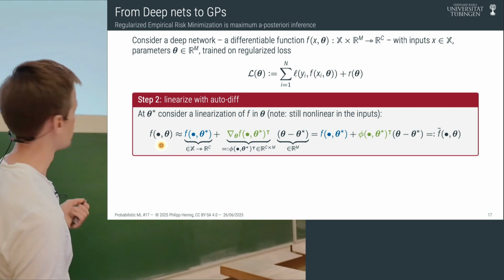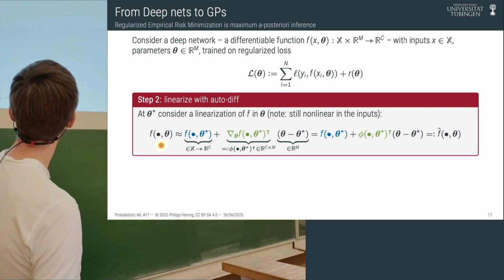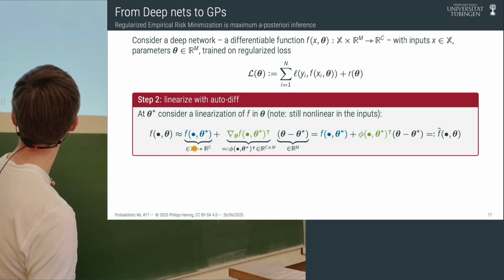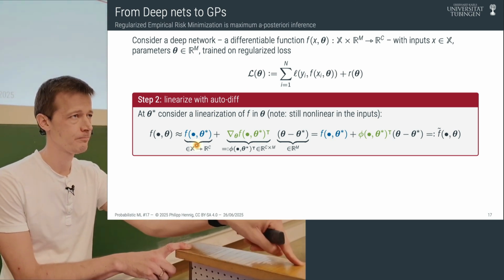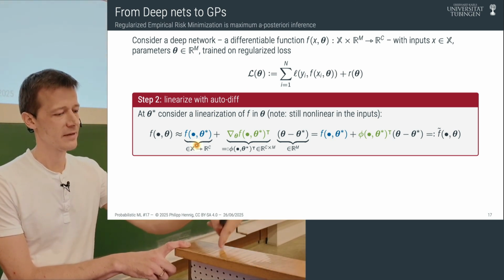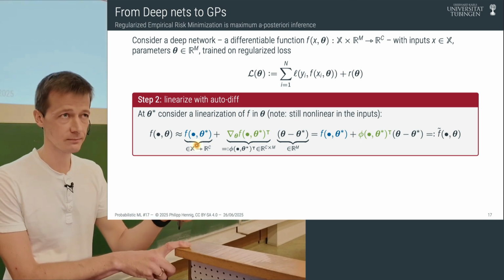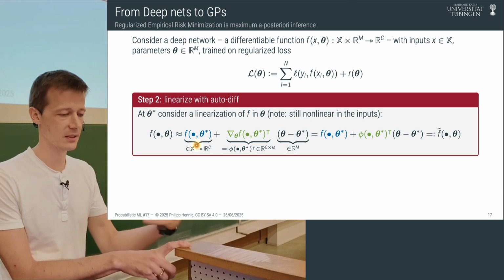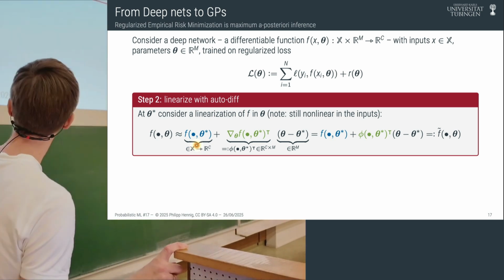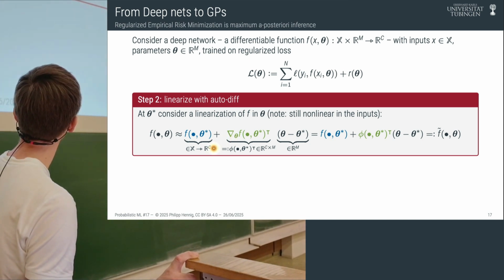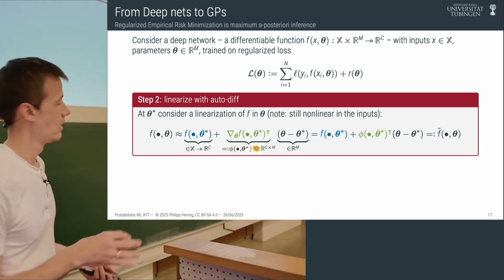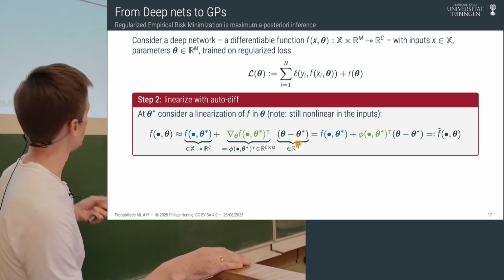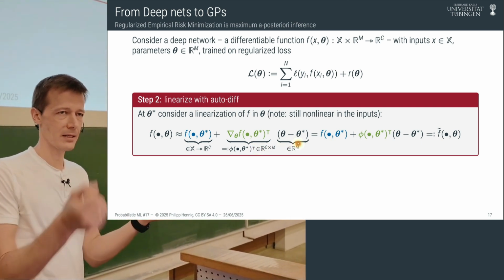And we do that with a Taylor approximation. So we're writing this function as the function evaluated at the trained weights. So that's f evaluated at theta star. That's a function of inputs, and it's nonlinear in those inputs, plus the derivative of this function with respect to the parameters, so that's a Jacobian, times the distance in parameter space, theta minus theta star.